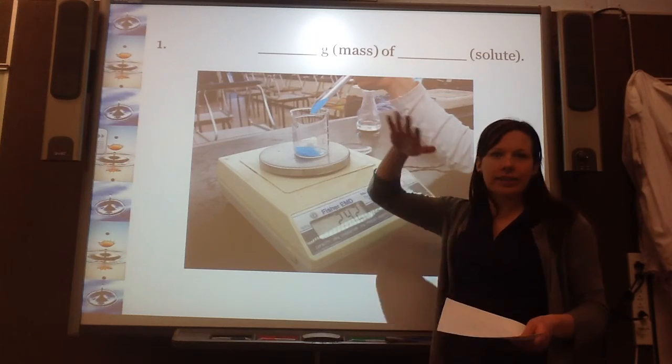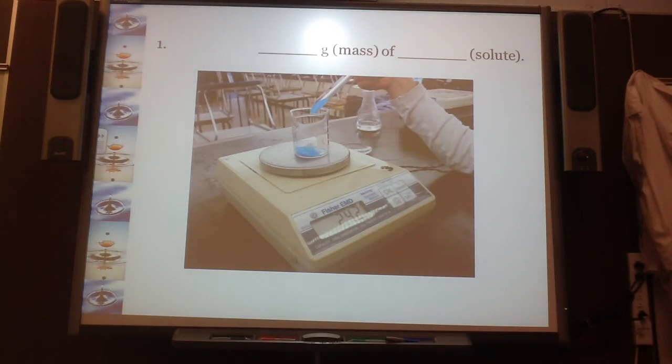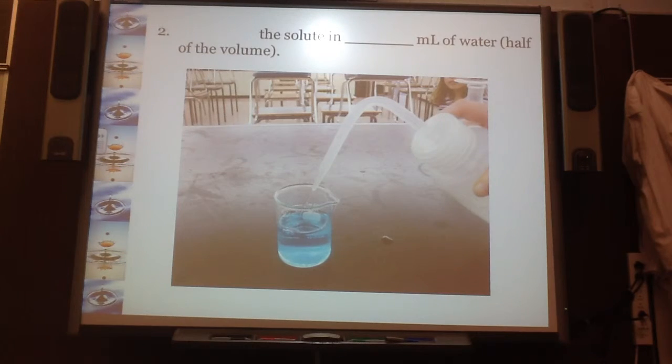So that's the first step. I'll do one with you. So measure, and then you'd say how many grams of, in my example, copper 2 sulfate. The second thing you do is you dissolve the solute in blank milliliters of water, and you tell me how many mils of water it would be.